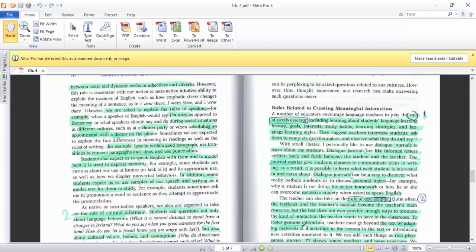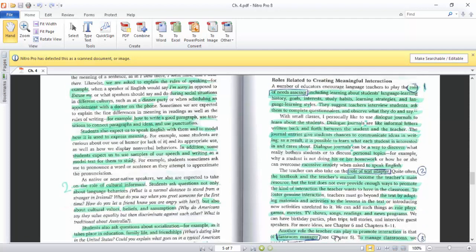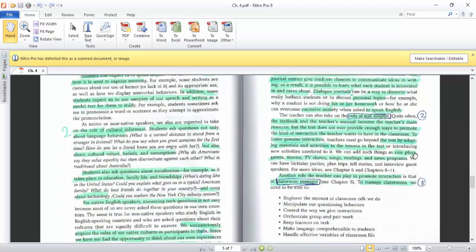To foster genuine interaction, the teacher adapts the text, adapting material and activities to the lesson, or introducing new activities related to it. So we have different activities like role plays, games, movies, TV shows, songs, readings, and news programs.